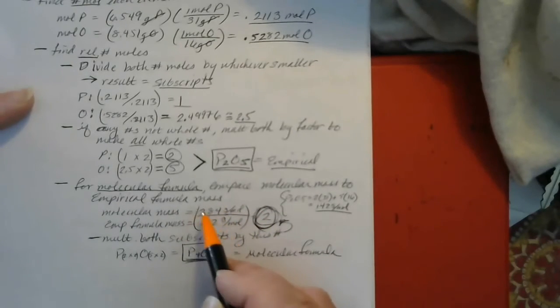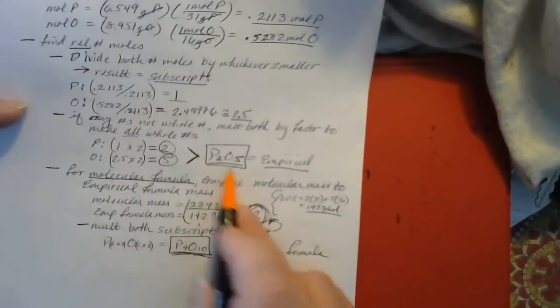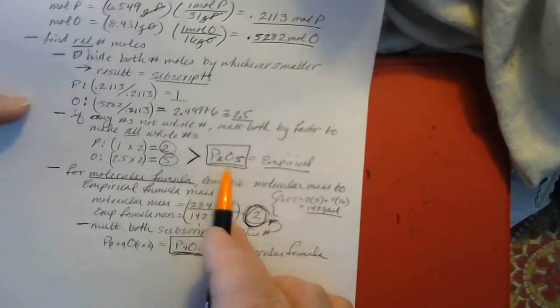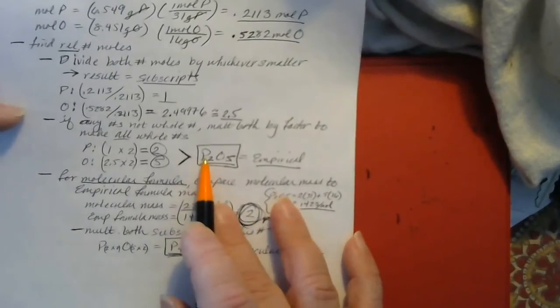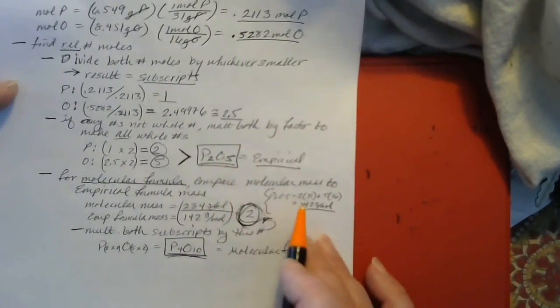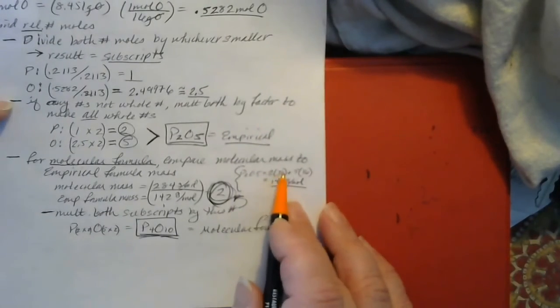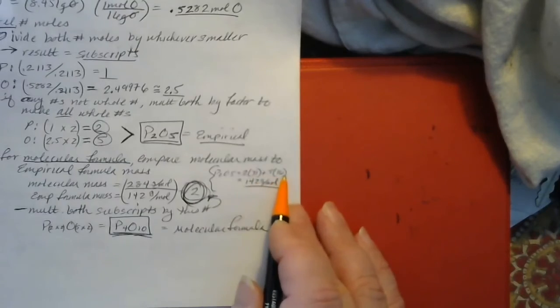And in this case, the molecular mass back in the problem was quoted as, where is it? 284 grams per mole. And when you go to the periodic table and add up the masses of 2 phosphorus and 5 oxygens, that becomes 2 times 31 plus 5 times 16.